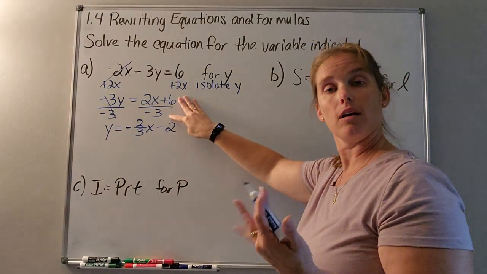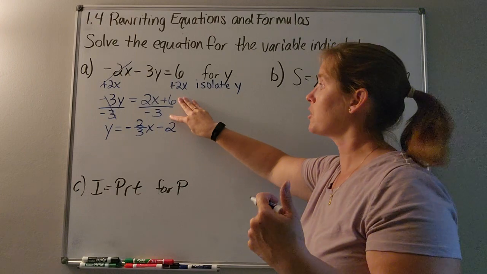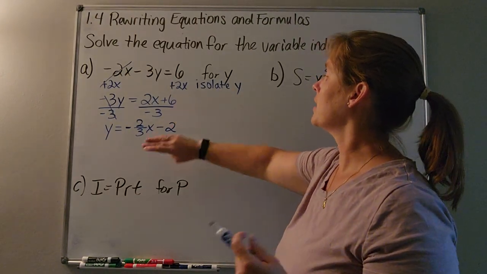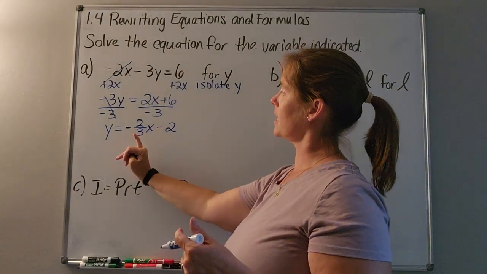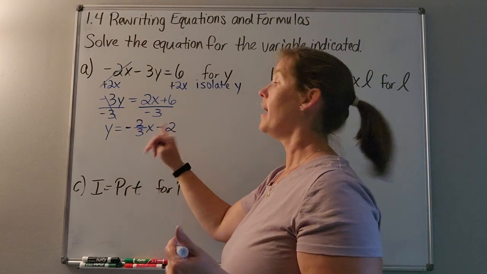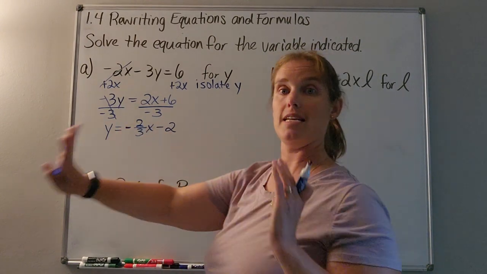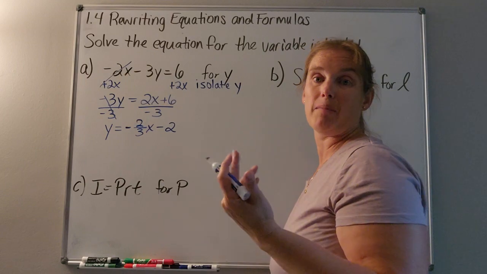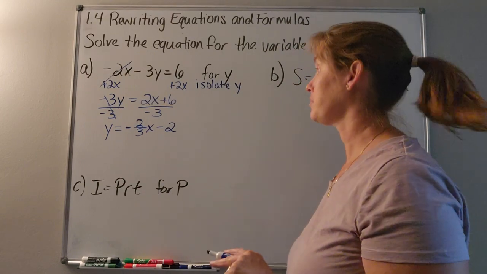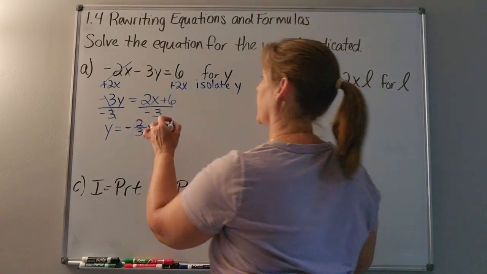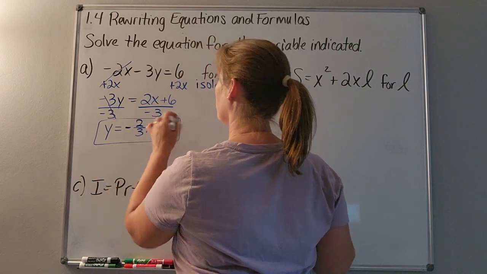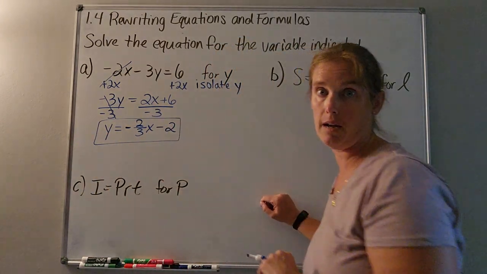But when we get on later, in further chapters, when you divide both sides by negative 3, you're going to need to split it up because you're going to need to identify this number here as a slope and this number here is a y-intercept, so they need to be separated. So it's not bad getting that habit now. But this is your final answer. This is all the farther you can go because y is all by itself, okay?